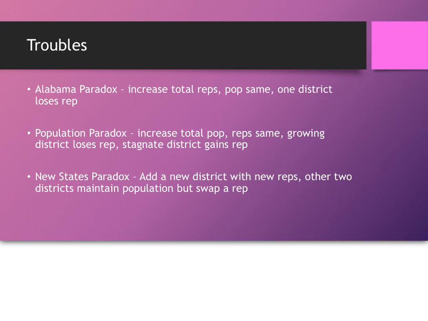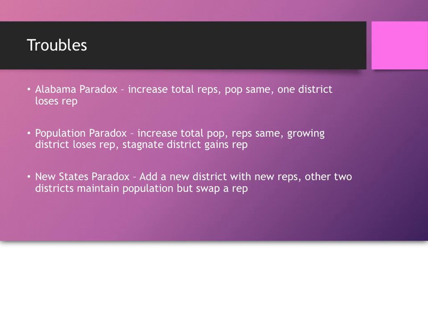And that was called the Alabama paradox because, in fact, Alabama noticed this at one time in our history for obvious reasons. We saw the population paradox where we increase the total population, we keep the representatives staying the same, but a district which grows a lot maybe loses a representative, and a district that stagnates or doesn't grow as much gains a representative. And again, these things seem counterintuitive.